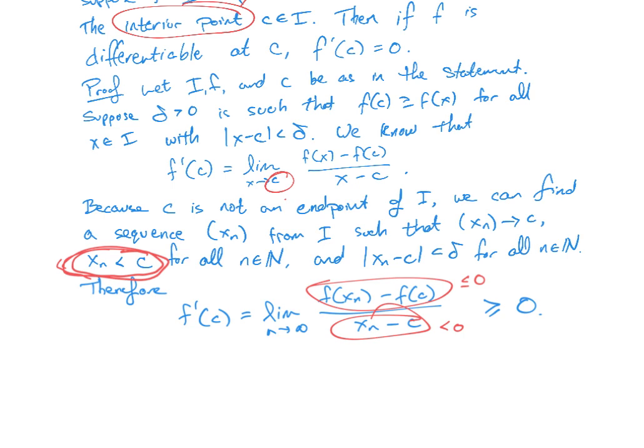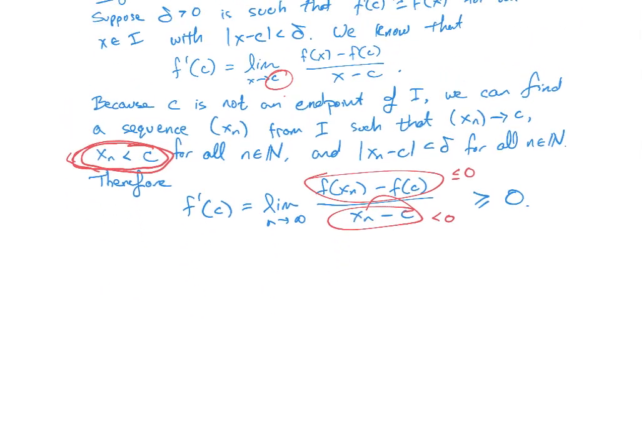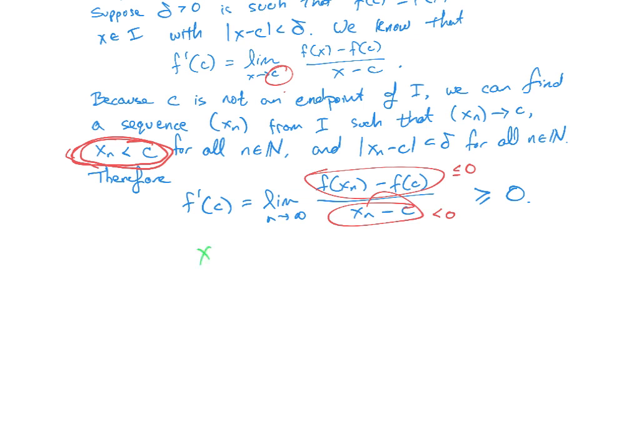Excuse me, do we actually have a theorem that says we can find such a sequence? No, we don't. We don't have such a theorem. Okay. But this would be easy to do. Right. We could actually just write down the sequence, right? We could literally say, let's take xn to be c minus, I don't know, delta over 2n. Does that satisfy all of these things? It converges to c.